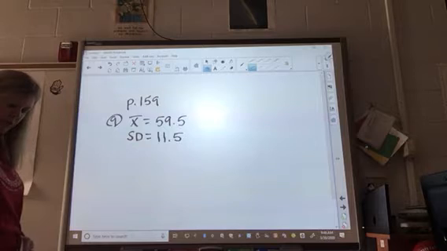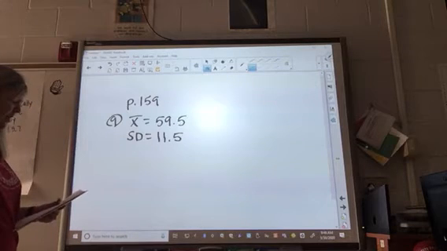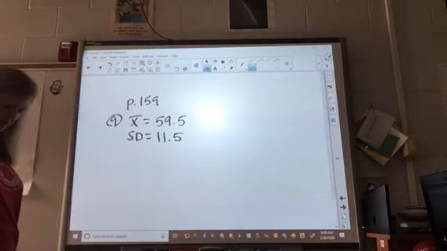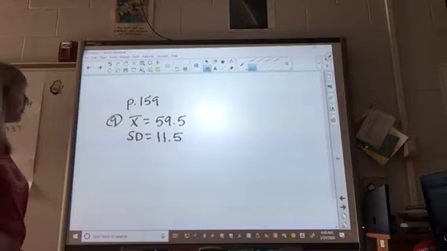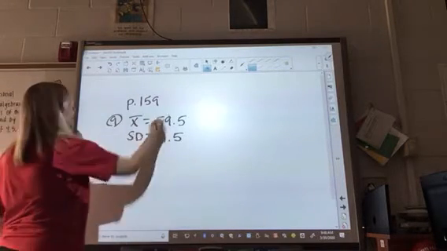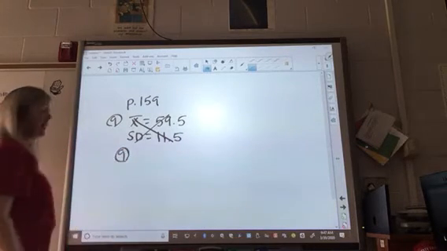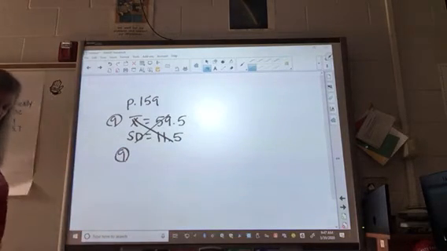Find the z-score corresponding to the oldest and the youngest senator. Okay, so erase what I just said. Let's change this to number 9. I was doing number 10.